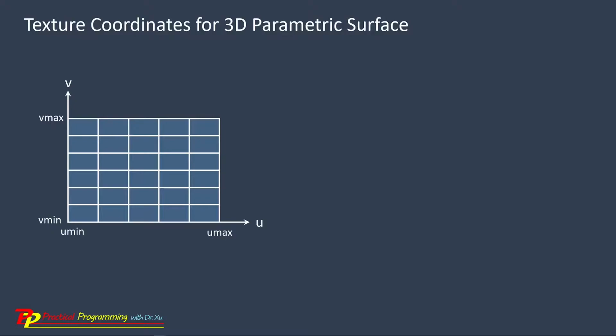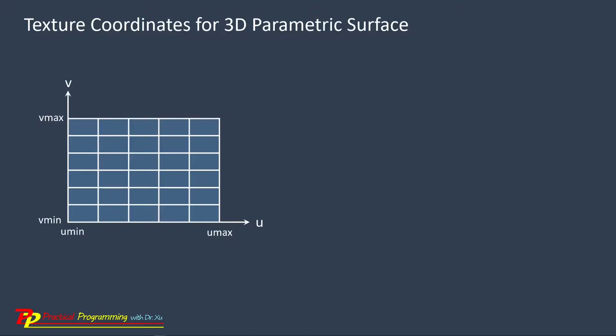In WebGL, we usually use S and T for the texture coordinates, while WebGPU uses UV as texture coordinates, which may cause confusion. So be careful when defining texture coordinates on a 3D parametric surface.